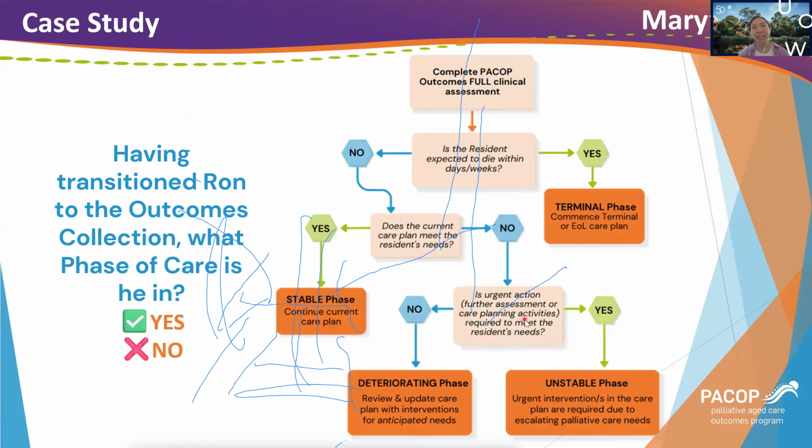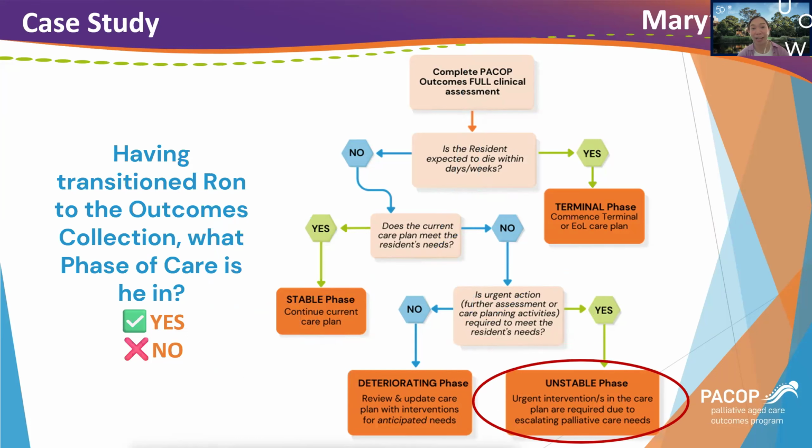If he's got pain that's increasing, there are two ways to go around this, and it really can be subjective to how Roy is presenting to your facility. But let's just say I'm very, very proactive, and I say I want to change the care plan and intervene straight away. So I allocate the phase of unstable because I need to change the care plan and escalate the need straight away.